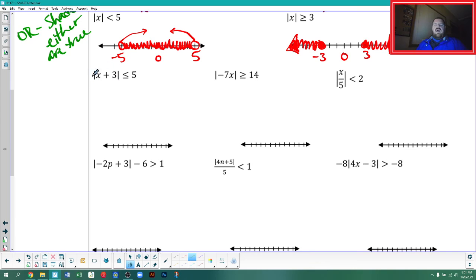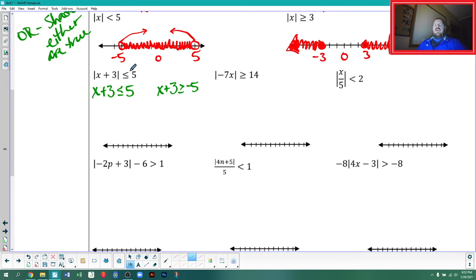All right, now that I'm starting this, I already have my inequality isolated, so we're going to leave that where it is. We're going to split it apart. x plus 3 is less than or equal to 5. On the first one, I'm always just rewriting what I have without the absolute values. On the other one, I'm flipping my sign and making it negative.